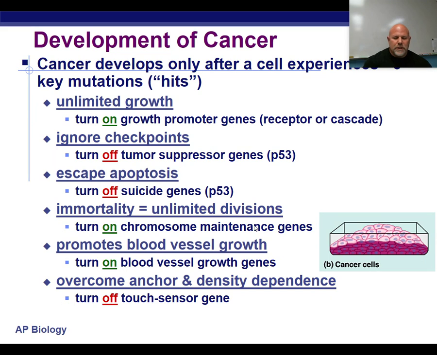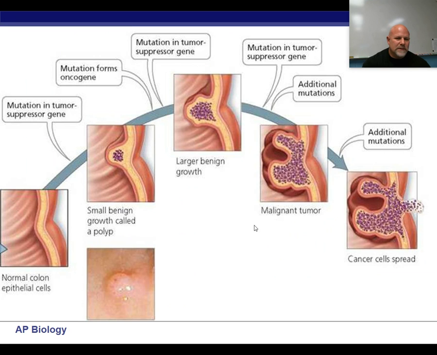And so in order to grow and form a tumor and break free from that tumor and spread to other parts of the body, you have to have modified genes. So lots of genes have to be modified in order to get to a stage where you have a really bad tumor.